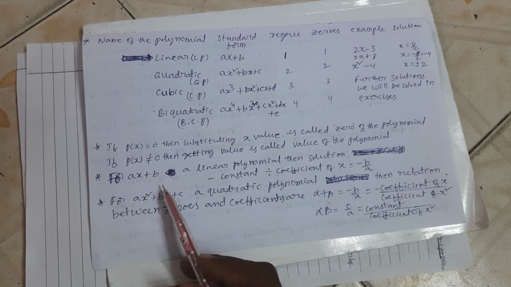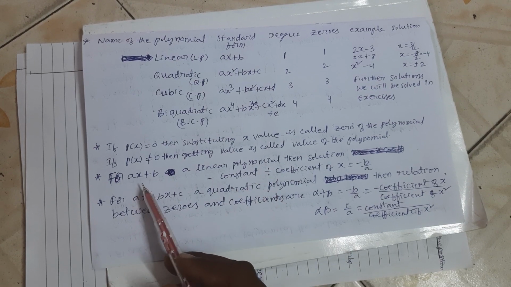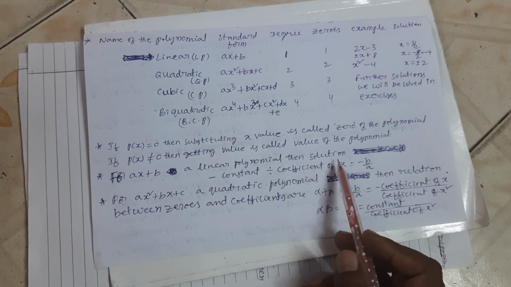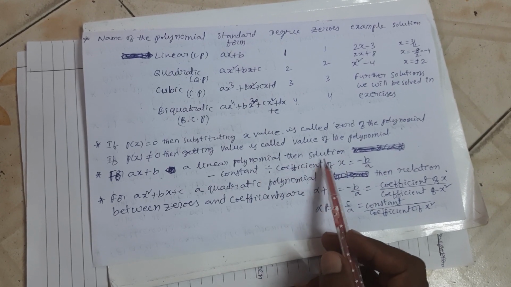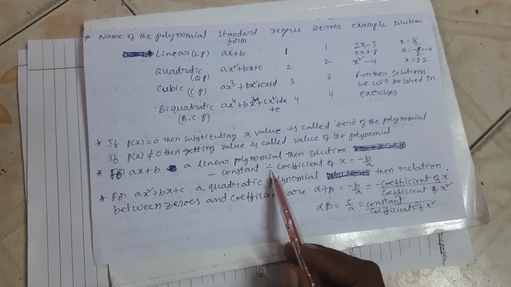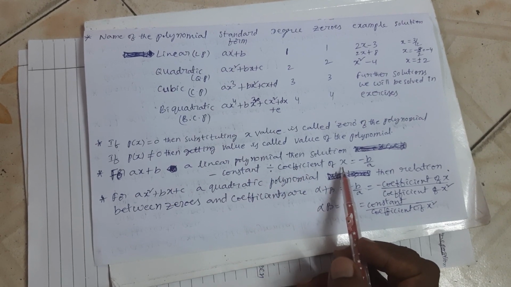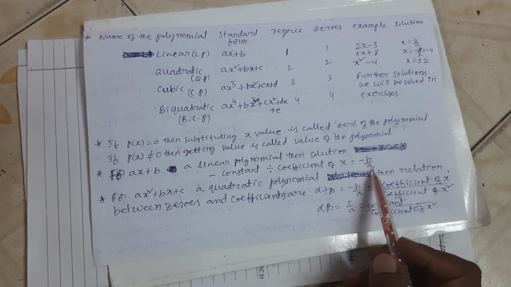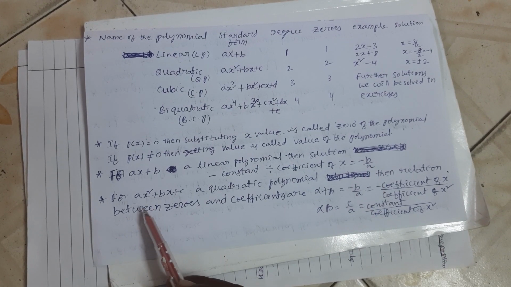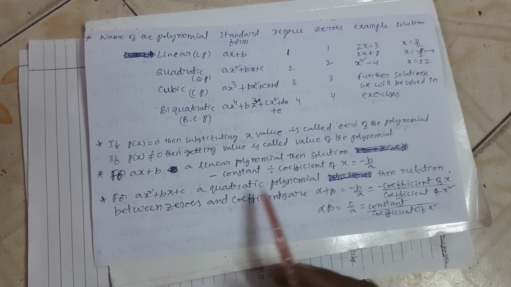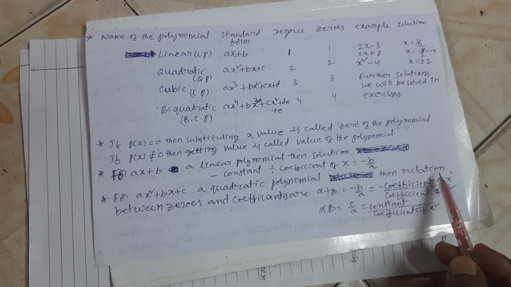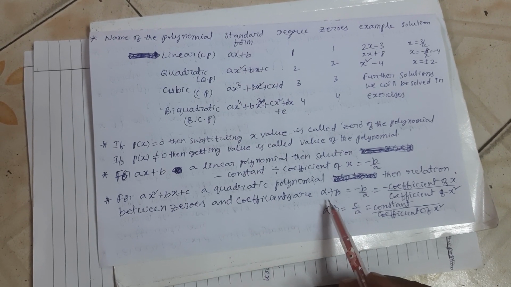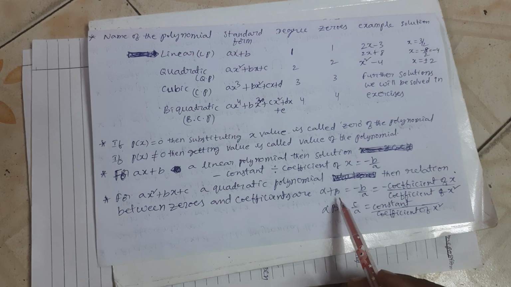For ax plus b, a linear polynomial, as I already said with the example above, the solution is minus constant divided by coefficient of x, that means minus b by a. For ax square plus bx plus c, a quadratic polynomial, the relation between zeros and coefficients is as follows. Say one zero is alpha and another is beta.